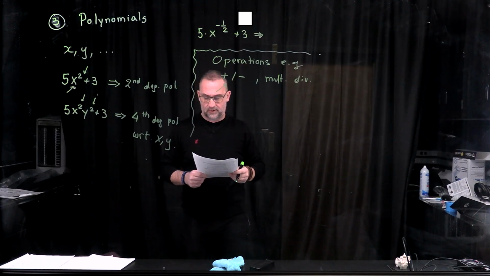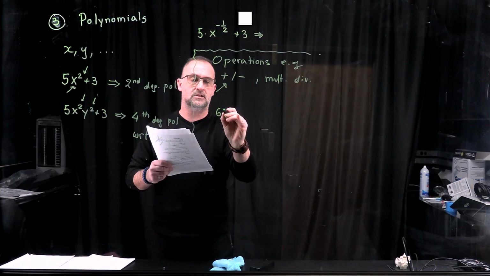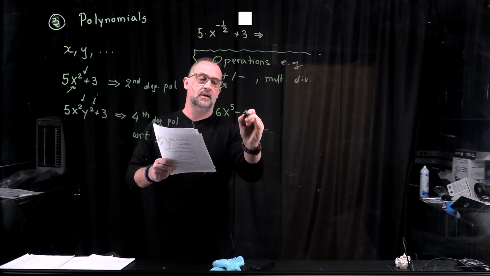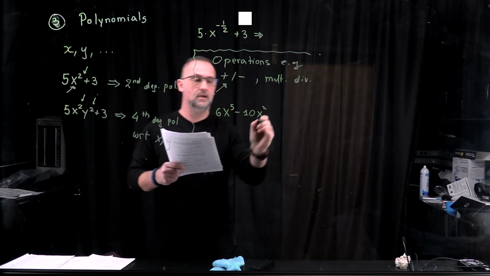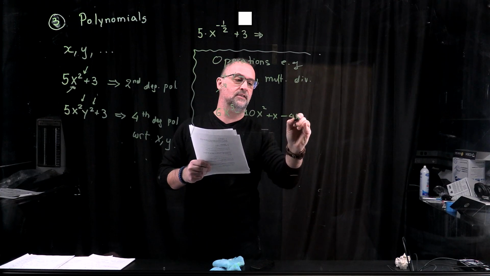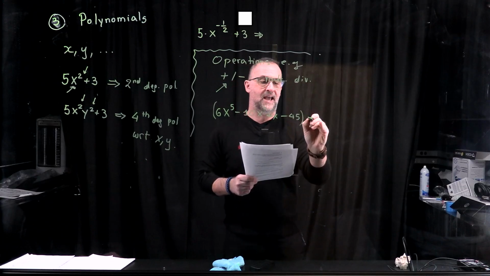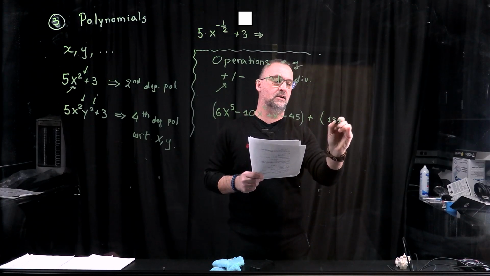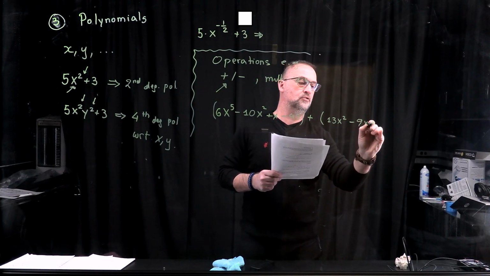And let me give you a quick example where you have, say, two polynomials: 6 times x to the 5 minus 10 x squared plus x minus 45, let's put this in parentheses, and we add this polynomial to another polynomial, which is 13x squared minus 9x plus 4.